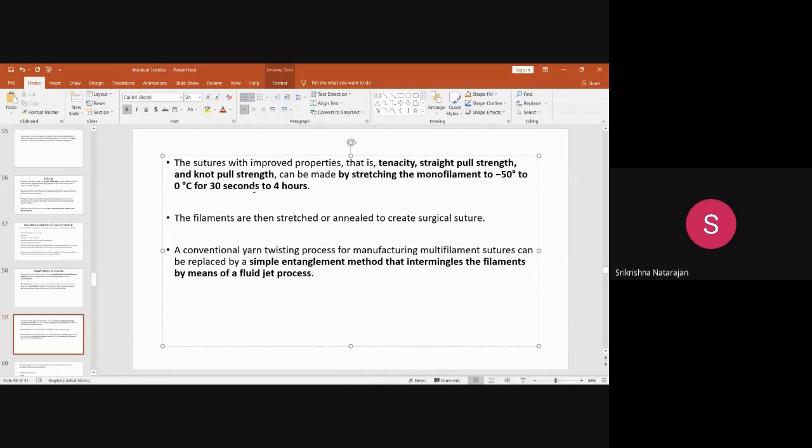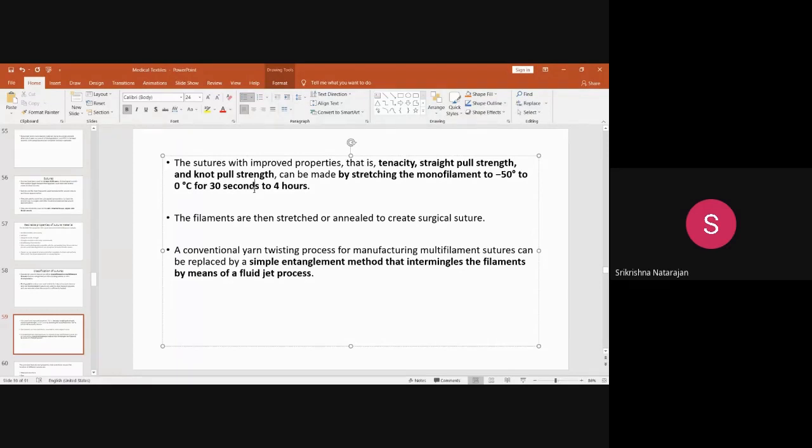The conventional yarn twisting process can be replaced by a simple entangle method. If you want to produce a multifilament which contains many filaments in a group, you can use a process called the fluid jet process, which will intermingle all the filaments together so that a multifilament suture can be made. This is how you do the manufacturing.